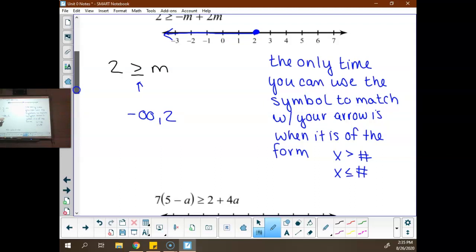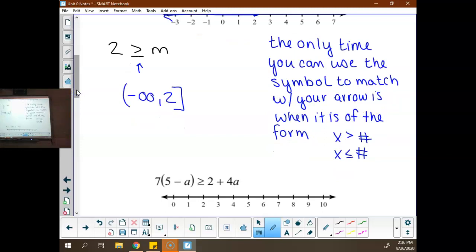Now we know anytime you're dealing with infinities, it's a parenthesis sign. Now, because this dot right here is solid, we are going to use a bracket. And that's really all there is to interval notation. You go from negative infinity to 2, it stops, but this bracket tells me that it includes 2.